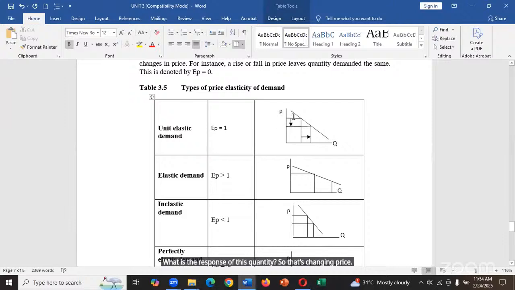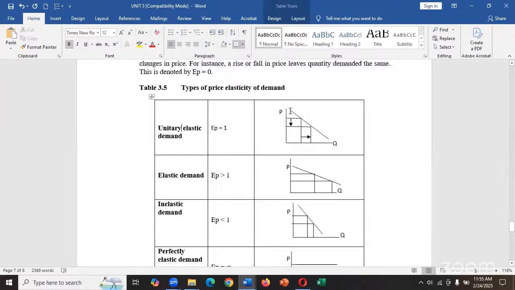If you look at the vertical distance of the price change here, it is exactly equal to the horizontal distance of the quantity change. When you have the same vertical distance as the horizontal distance, then you have the graph of unitary elastic demand. So the right word is unitary elastic demand.